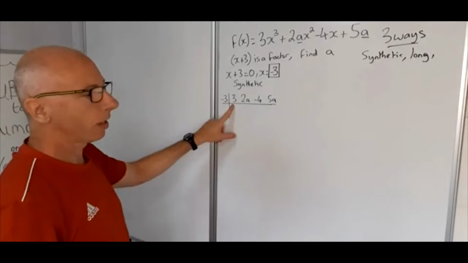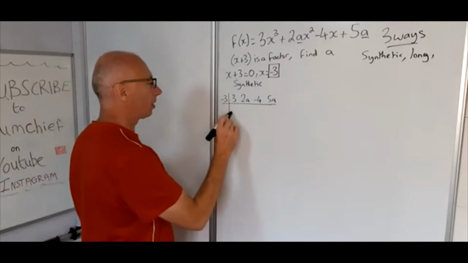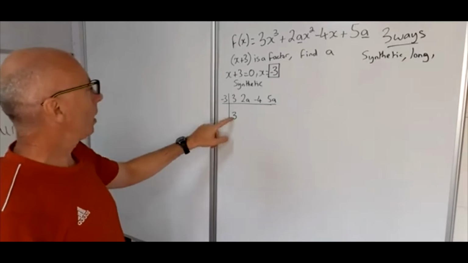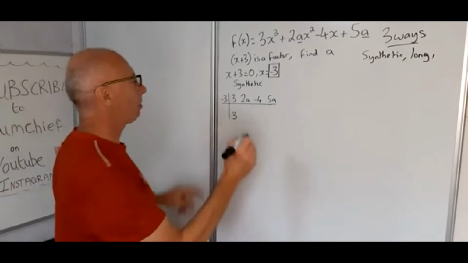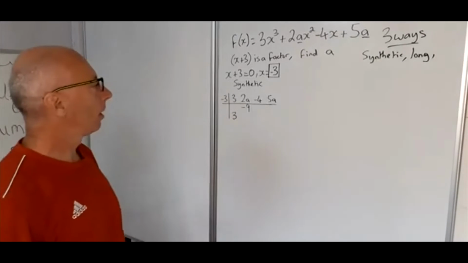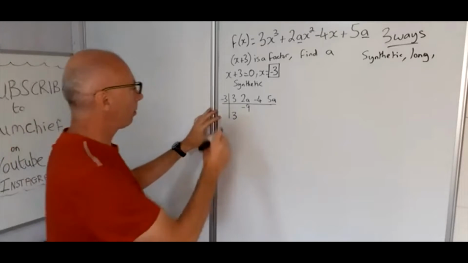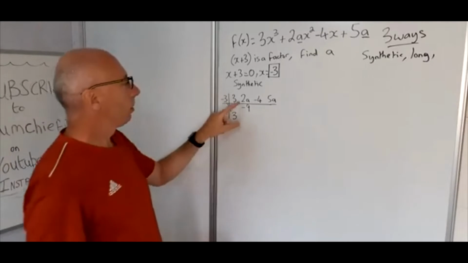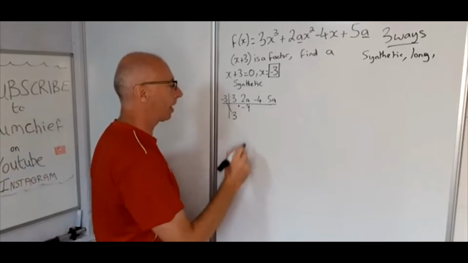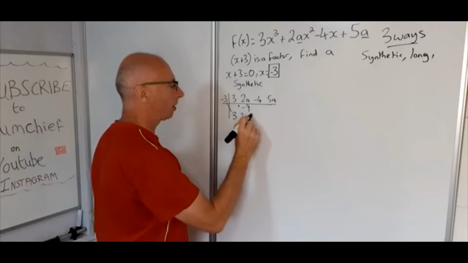Okay, so first things first, what we do is we just bring this 3 down to the bottom. And then we do 3 times minus 3, which is minus 9. Now we're going to add these two together, and in the bottom here we write 2a minus 9.